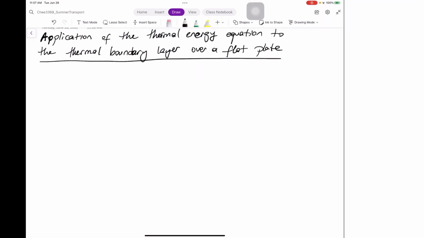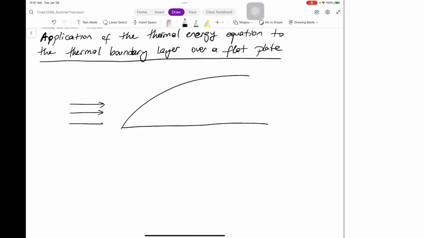Let's draw the schematics for the hydrodynamic boundary layer first. V infinity, T infinity. We said that this is the thickness delta x at x.